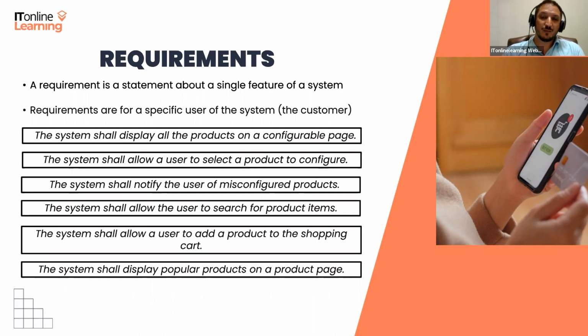So we could even imagine that the requirements for a senior manager might not even be related to the system itself. It might just be some hypothetical requirements, which we call a general requirement, which would be more on a strategic level.